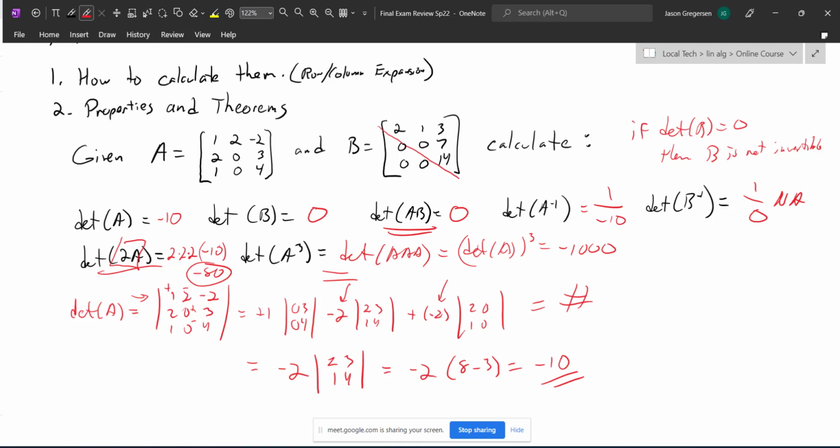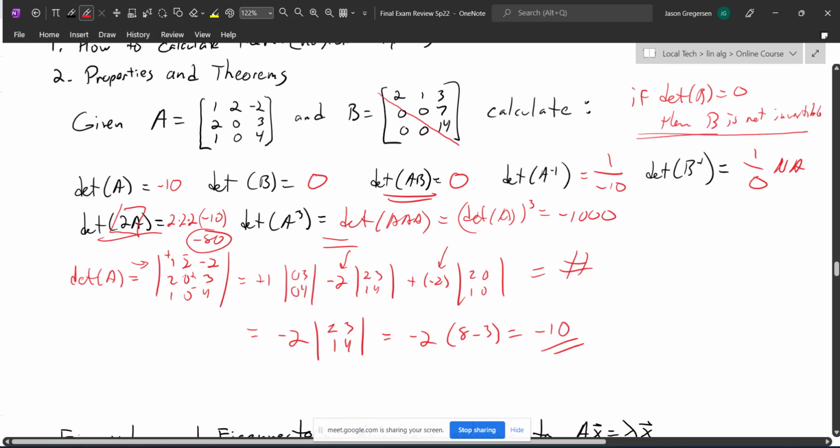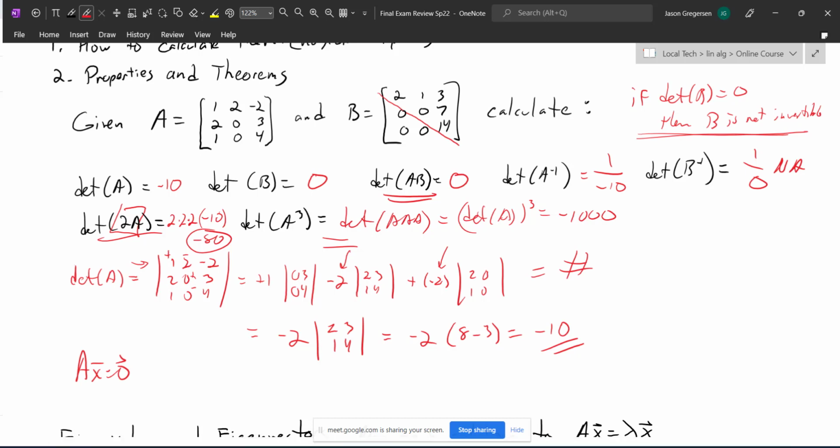All right. One more property. We already said that if the determinant of a matrix is 0, then the matrix is not invertible. But we could apply that to homogeneous equations. If I consider the matrix equation AX equals 0, I know x equals 0 will always work as a solution. So usually when I have a homogeneous equation, I'm interested if there are non-zero solutions.